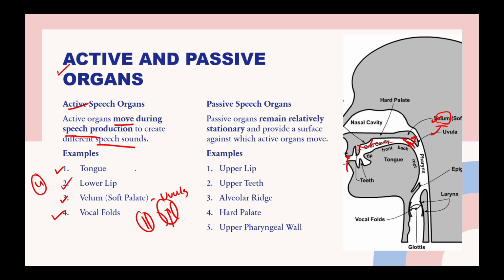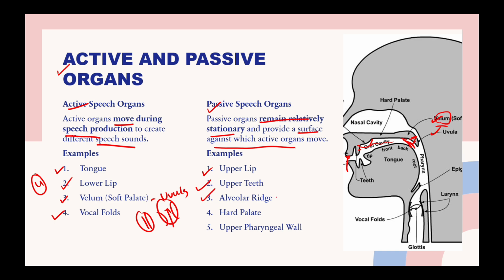So these are the 4 main active organs. The passive organs remain relatively stationary and provide a surface against the active organs, such as the upper lip. It cannot move, but the lower lip goes and touches the upper lip. With the upper teeth, the lower lip goes and makes contact.